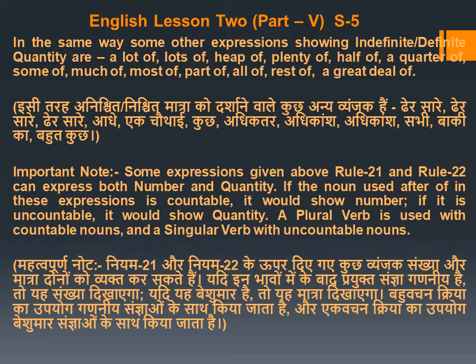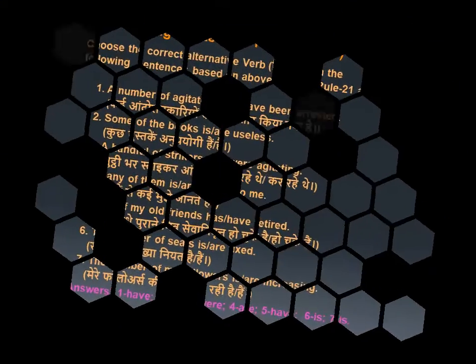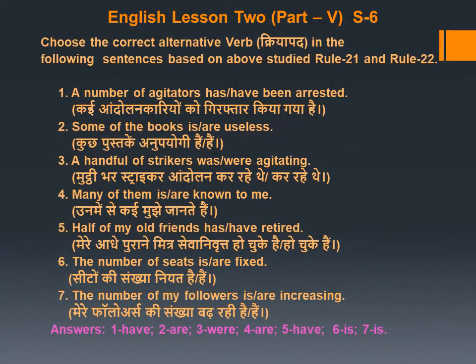So we move to our next slide, slide number 6. Now friends, here in slide 6, English lesson 2 part 5. In earlier slides, we have studied rule 21 and 22, and here in slide 6, choose the correct alternative verb in the following sentences based on the above studied rules 21 and 22.